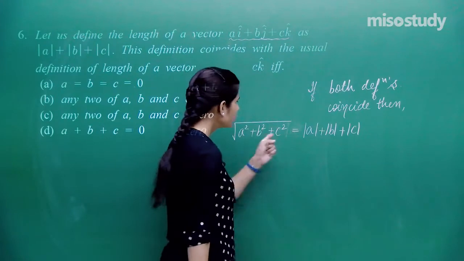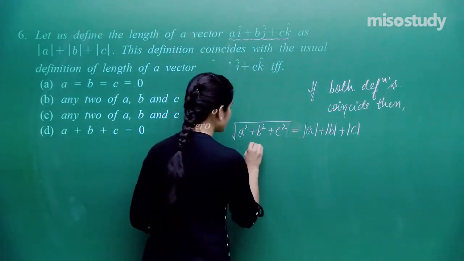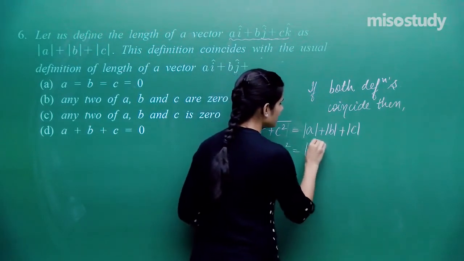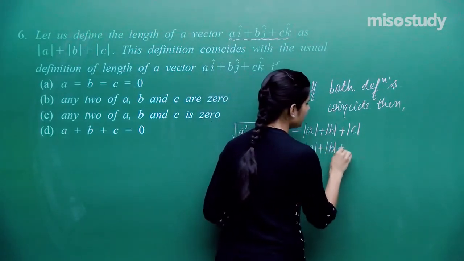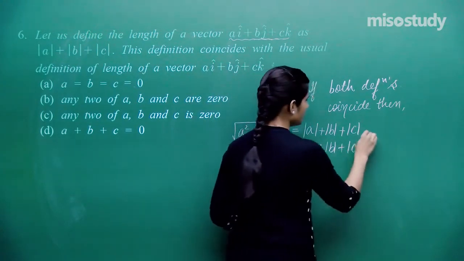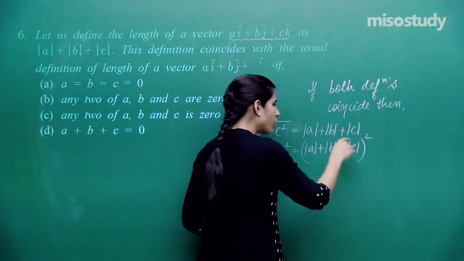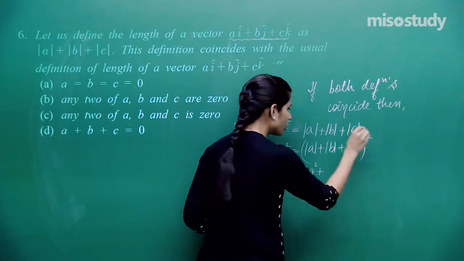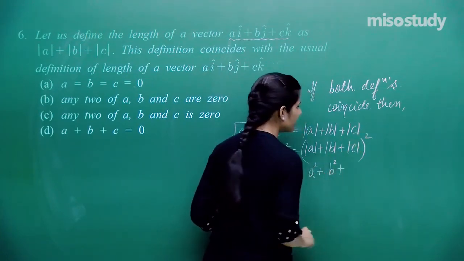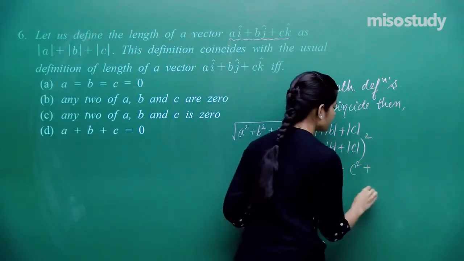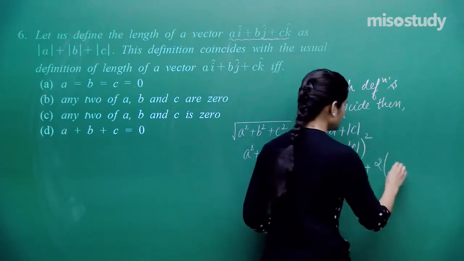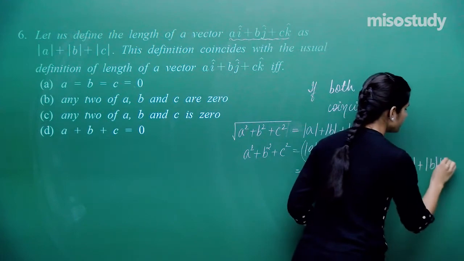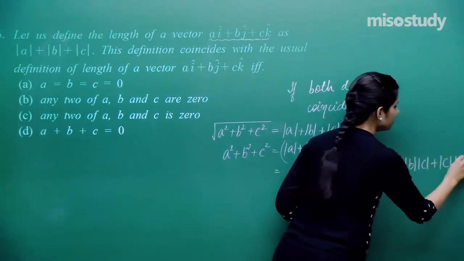Clear? When you square both sides, what you get is a square plus b square plus c square equals mod a plus mod b plus mod c whole square, which is mod a whole square, which is same as a square, plus mod b whole square, which is same as b square, plus mod c whole square, which is same as c square, plus twice of mod a mod b plus mod b mod c plus mod c mod a.